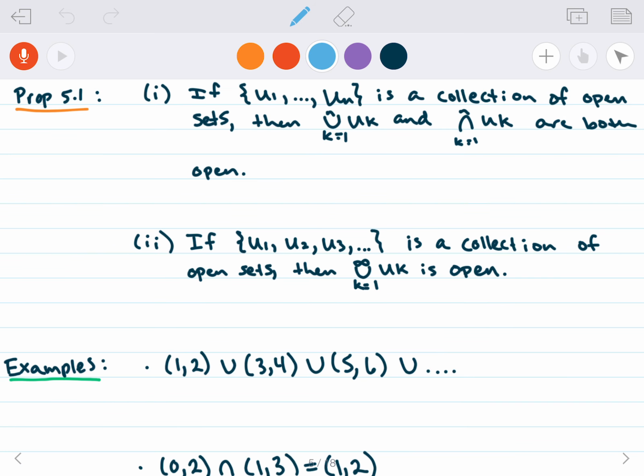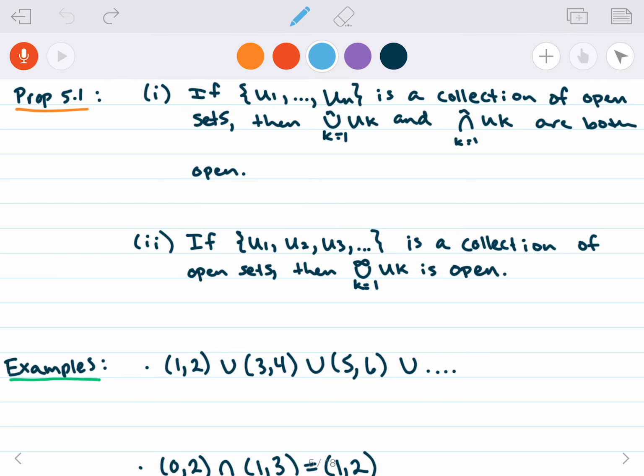Here's a proposition. If you have a finite collection of open sets, then the union of each set in your collection is also open, and so is the intersection. On the other hand, if you have an infinite collection, and I just wrote countably, but this extends even further than countably infinite, then the union of all of those sets in your collection is also open.